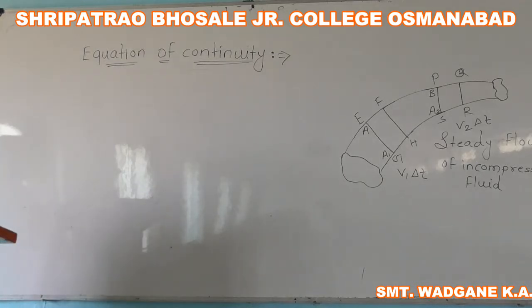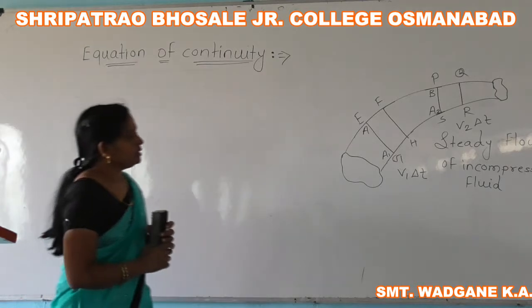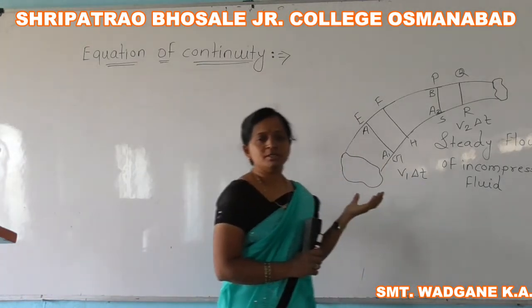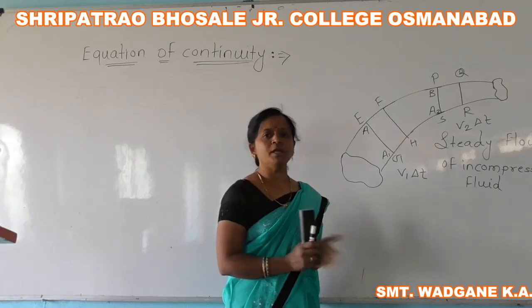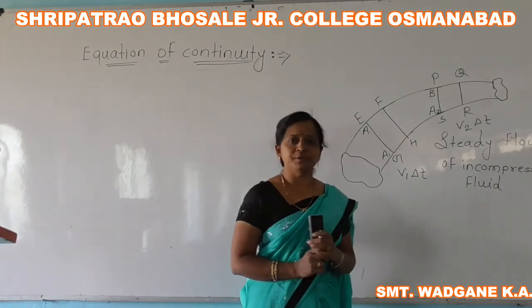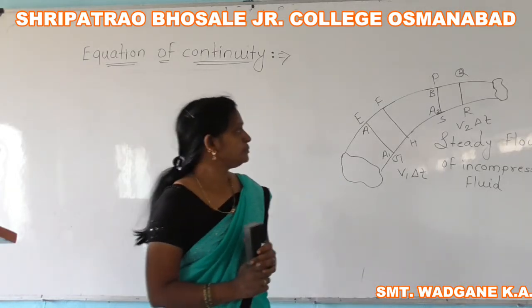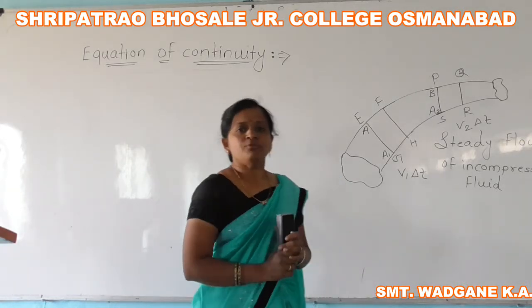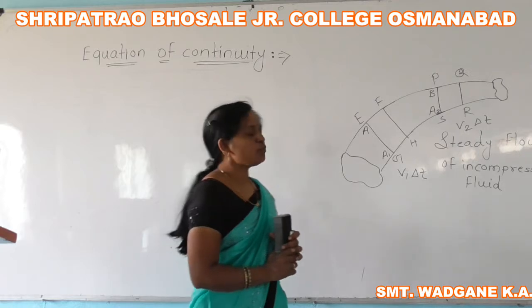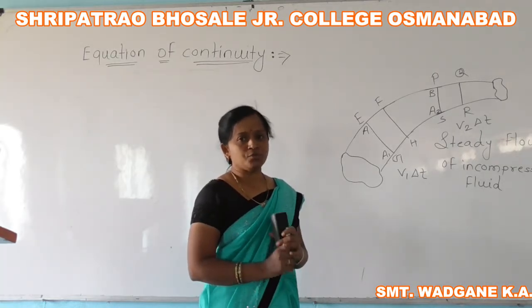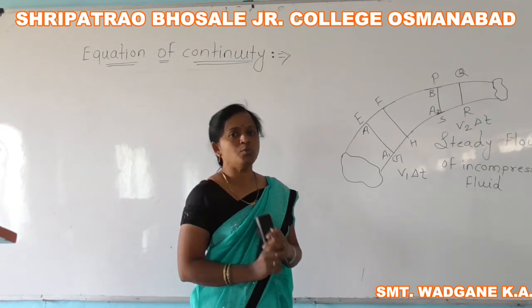Then in that fluid you have to consider two sections. Let us consider steady flow of an incompressible fluid as shown in the figure. It means that the velocity of the steady flow remains constant at a point, and it can vary from point to point.